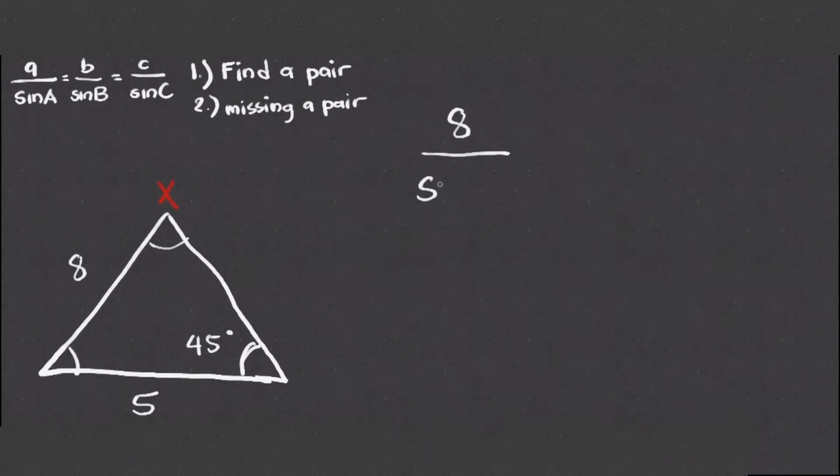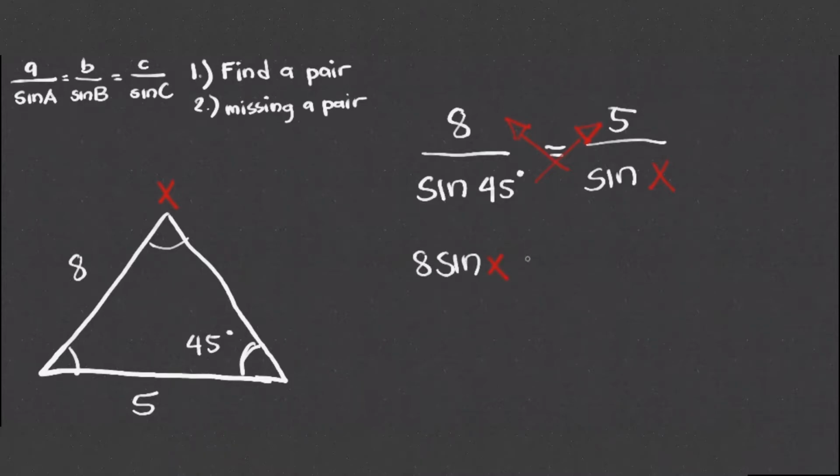So sine 45 degrees is equal to the small letter b, which is the 5 because that is the side length, and its corresponding angle, the X. So sine X. To solve for this one, we need to cross multiply the sine X to the 8 and the sine 45 degrees to the 5. So therefore, 8 sine X is equal to 5 sine 45 degrees.